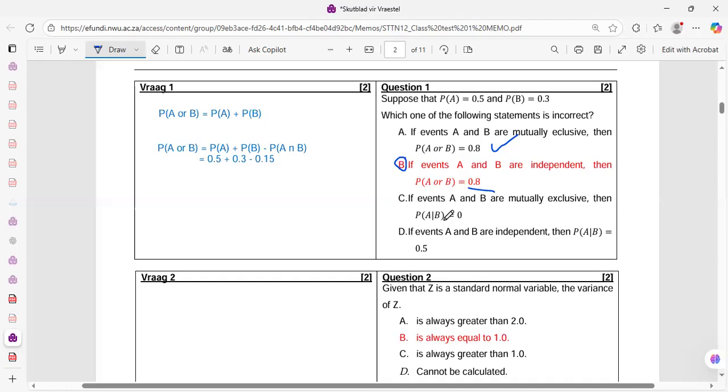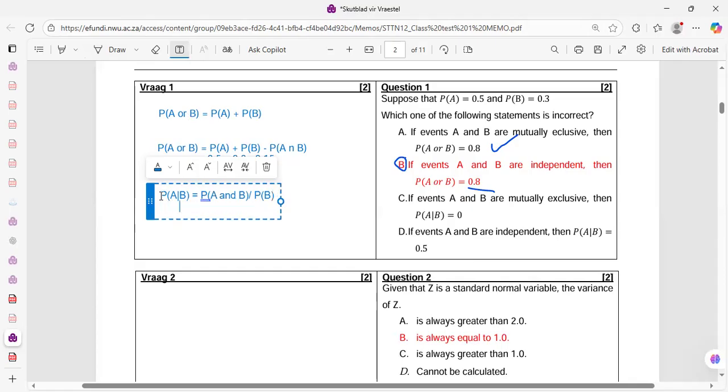Then D: if events A and B are independent, then A given B will be equal to 0.5. You know why? The formula of A given B is the probability of A and B divided by the probability of B. What is the probability of A and B?